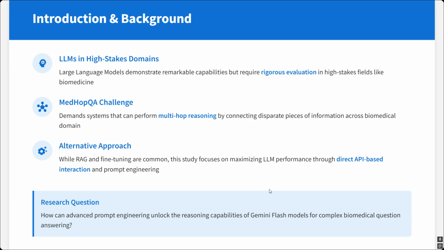So a very common approach is to use a sophisticated RAG system. But in our case, we studied the Gemini Flash performance using only prompt engineering without external tools.